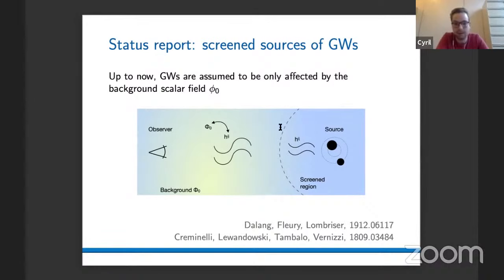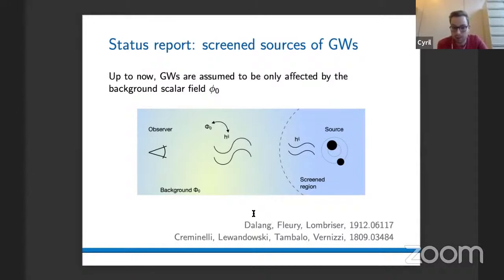Once this gravitational wave left the screened region, it could interact with the background scalar field that would generate the accelerated expansion. This background scalar field can evolve cosmologically between the observer and the source. And while the gravitational wave travels to us, it would interact with this background field and modify the gravitational wave.